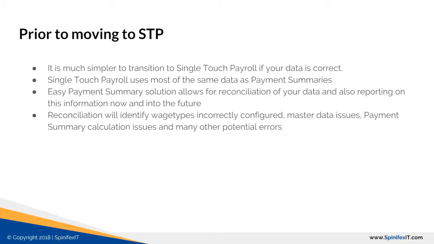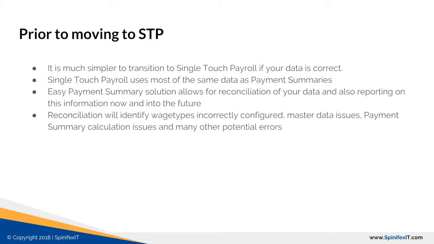Prior to moving to single touch payroll, what we've identified is that if your data is in very true and correct order right now, it makes the transition much simpler. So single touch payroll does use a lot of the same data concepts as payment summaries. In fact, it just uses wage types as well.